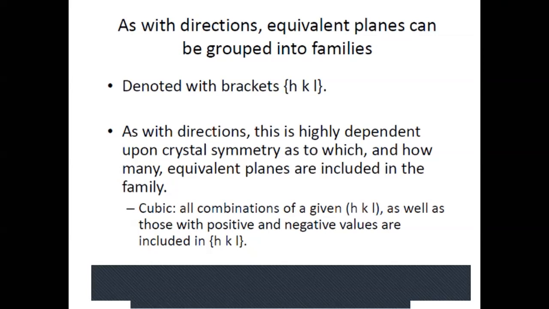Now for cubic, which has the most constrictions in lattice parameters and the highest symmetry, all combinations of a given HKL, as well as those with positive and negative values, are included in the HKL family. Because for cubic, all of the lengths are the same. So for example, the 001, 010, and 100 would all be equivalent reflections.